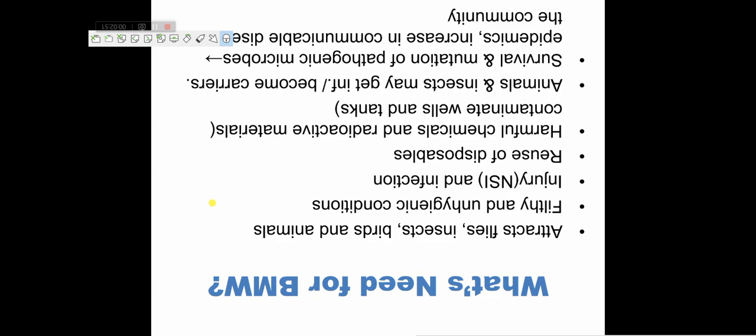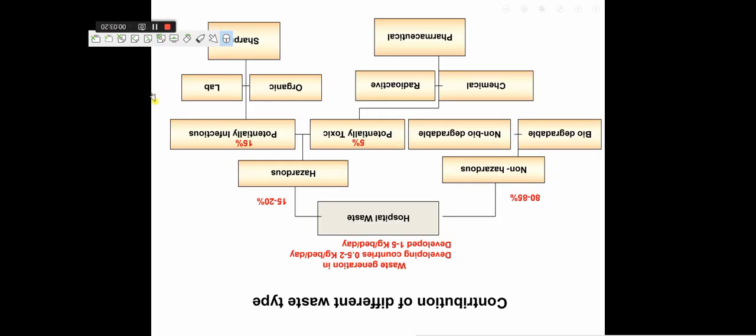So that is why we should manage it. Animals and insects may get infected or become carriers of diseases. And the survival and mutation of pathogenic microbes can cause an epidemic increase in communicable diseases in the community. So it is important to manage the waste.